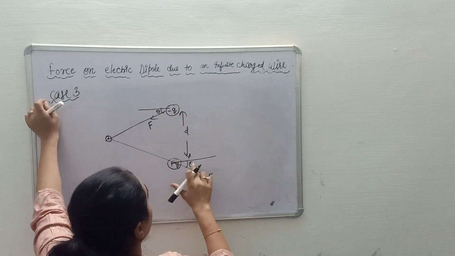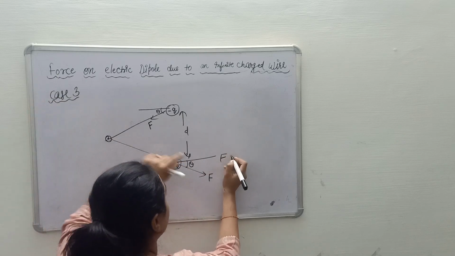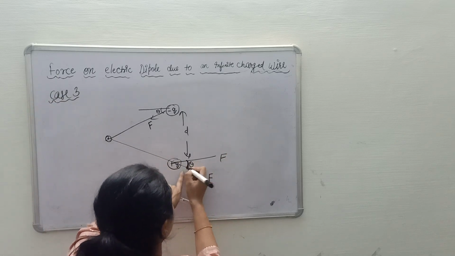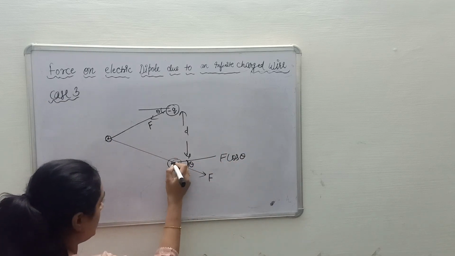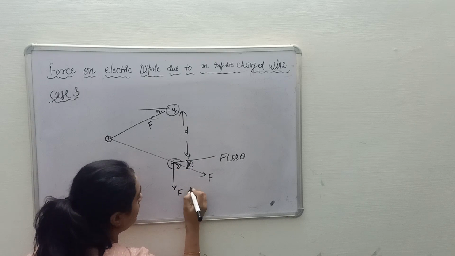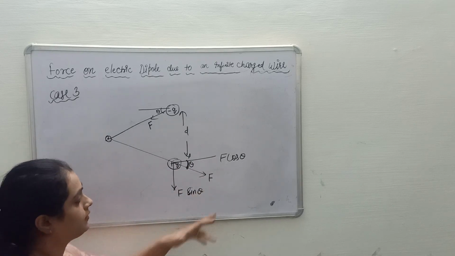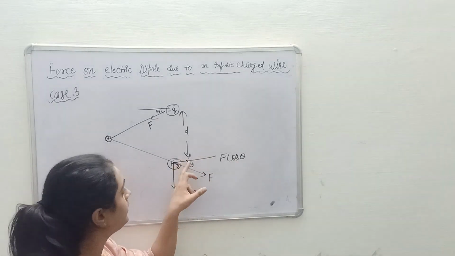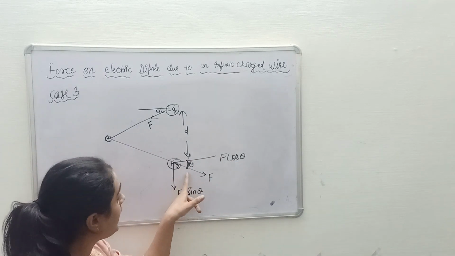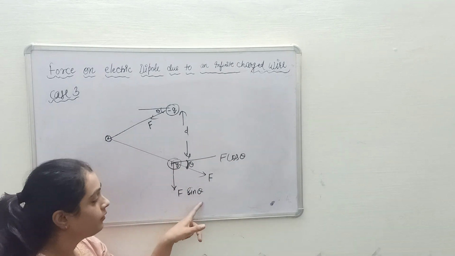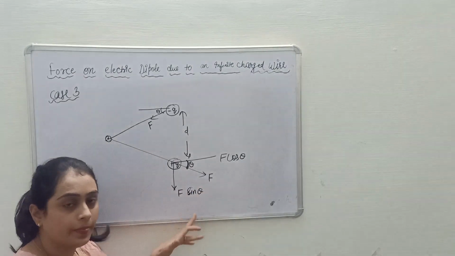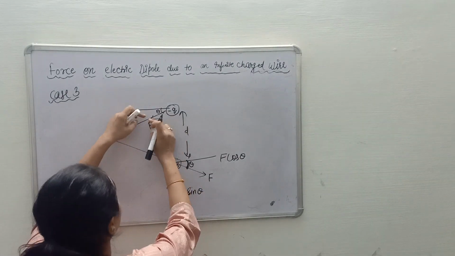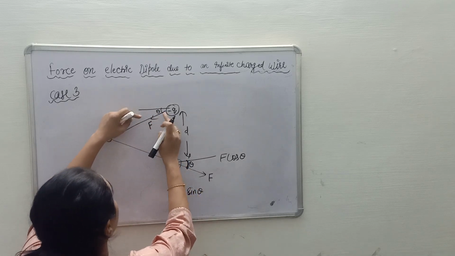Now here we will get F cos theta, because in the direction of theta we will get the component of F cos theta, and here the perpendicular component F sin theta, right? This is the horizontal component in the direction of theta, and where the angle is 90 minus theta we have the other component.